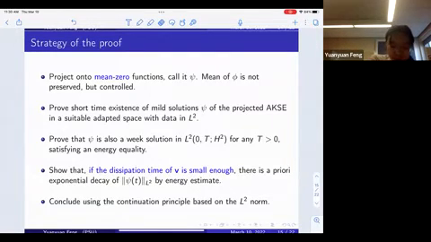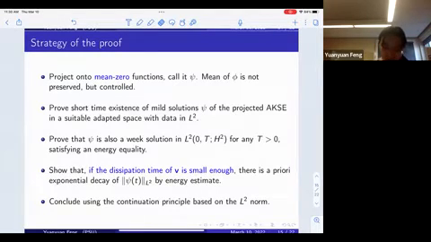Then we prove short time existence of mild solutions psi of the projected advective Kuramoto Sivashinsky equation in a suitable adapted space with delta in L2. And then we prove this mild solution psi is also a weak solution, in the sense of L2, H2 for any T positive. This weak solution also satisfies the energy equality.